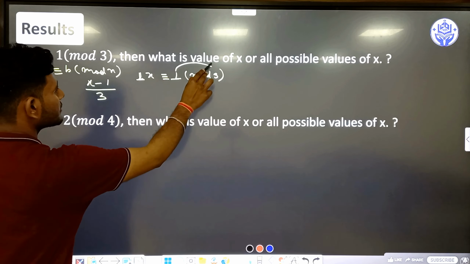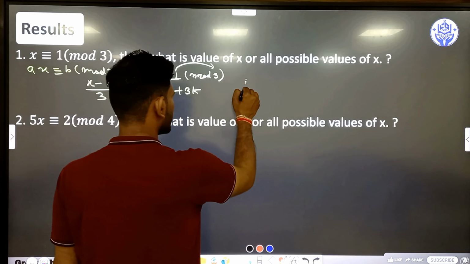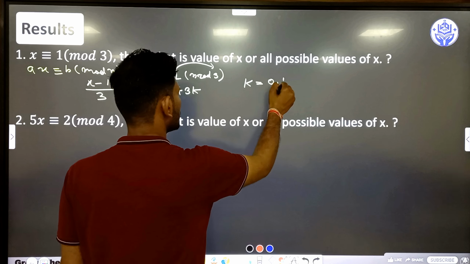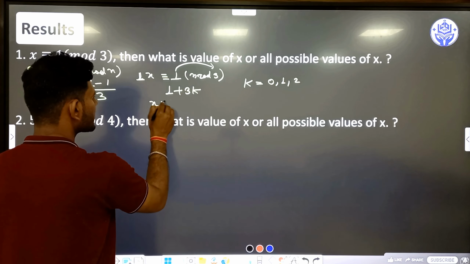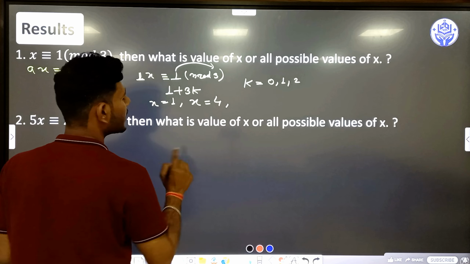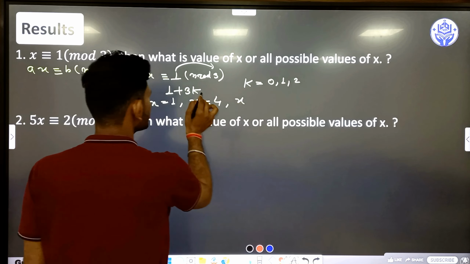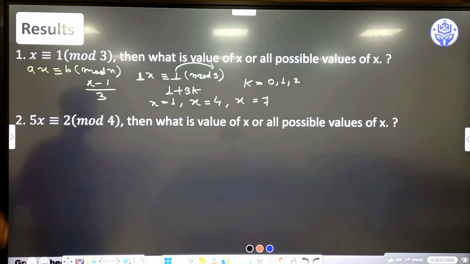The possible values for this will be k greater than or equal to 0, k less than 3. So here k is equal to 0, 1 and 2. So the result is, if k is 0, then x is 1. If k is 1, then x is 4. If k is 2, then 6 plus 1, that is 7. These are the results for this congruence.